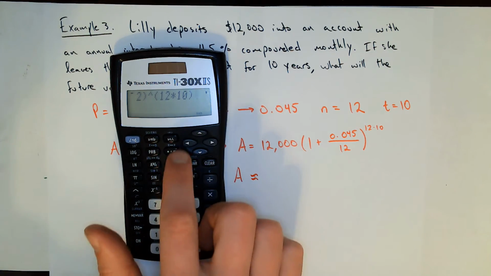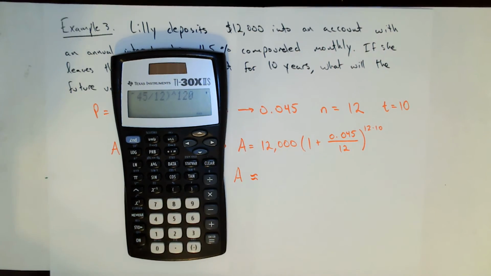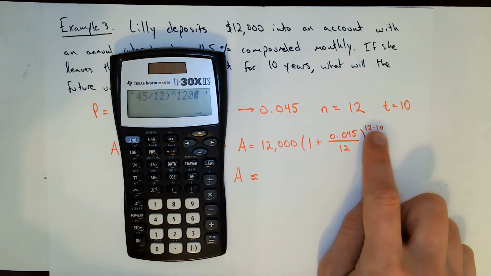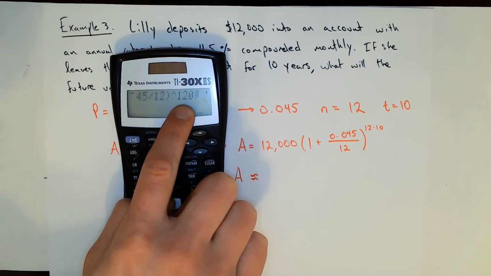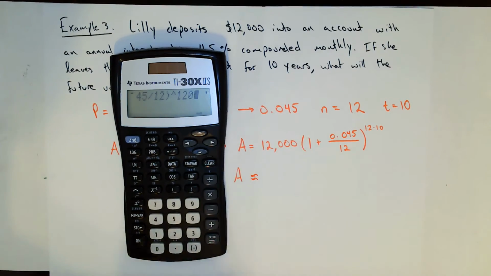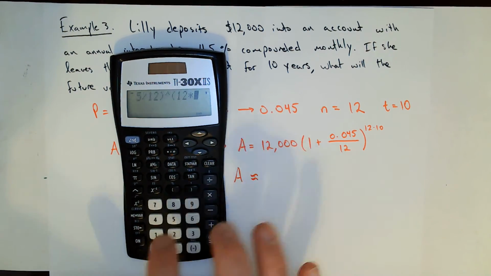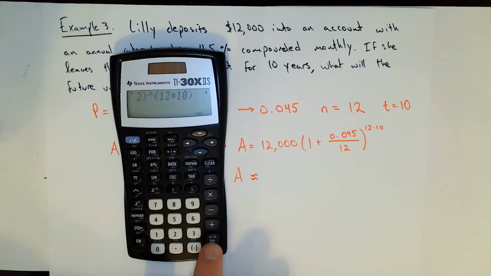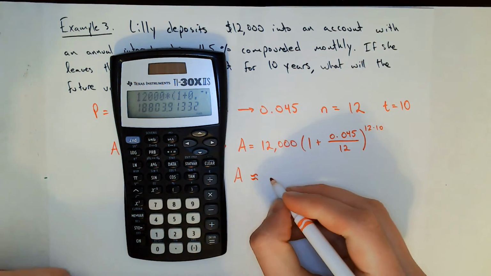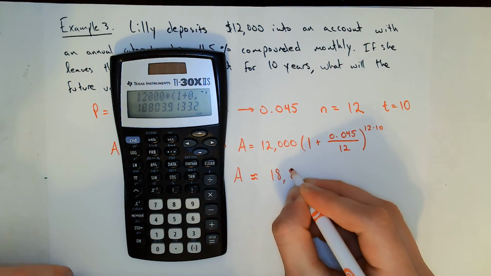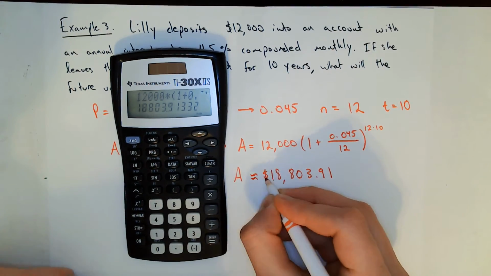Now, alternatively, if you wanted to just say raise to the 120, that's fine too. You know 12 times 10 is 120, and if it's just a single number up there without the multiplication, then you don't need parentheses around it. Okay, but I'll leave it as 12 times 10, closing in parentheses, and we're getting that, which I need to round appropriately, so I'll say $18,803.91.